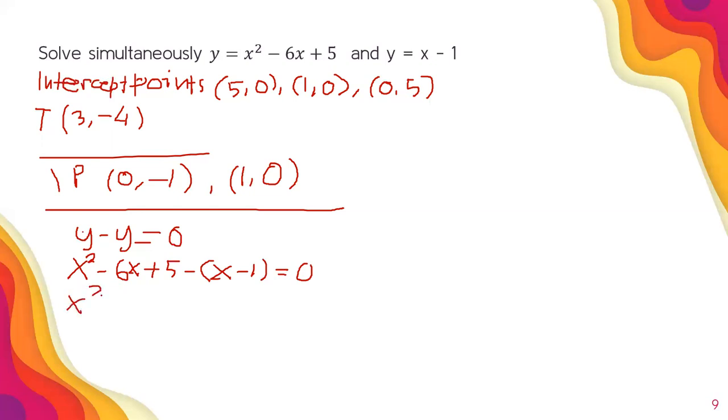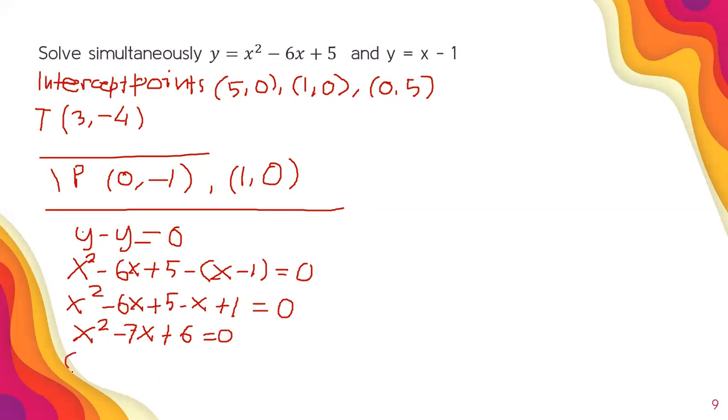So x squared minus 6x plus 5 minus x plus 1 equals 0. x squared minus 7x plus 6 equals 0.